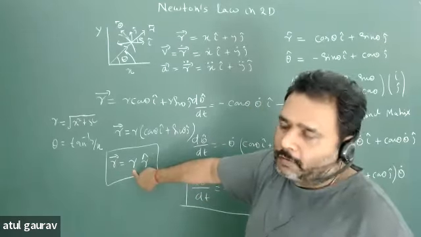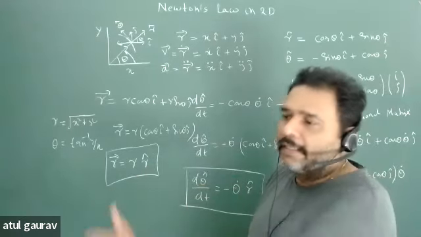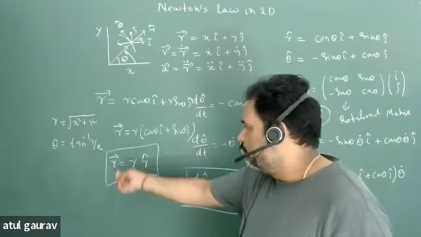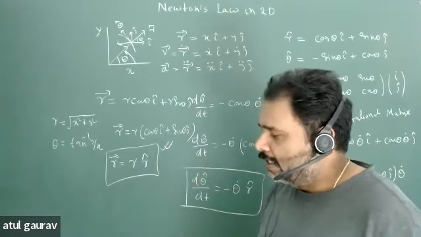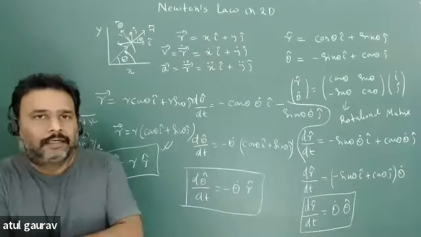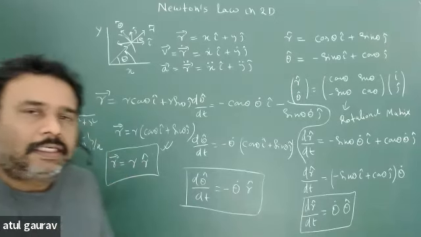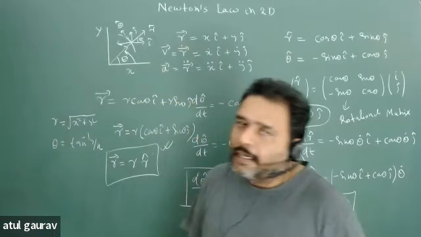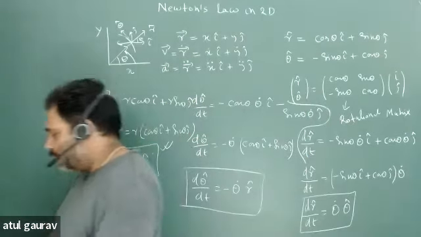It is the magnitude. And what is this particular R cap? It is the direction, the radial direction. So we will just try to go for velocity and acceleration in a polar coordinate system. If you want to ask something up to here, please ask, otherwise I have to clean my board.